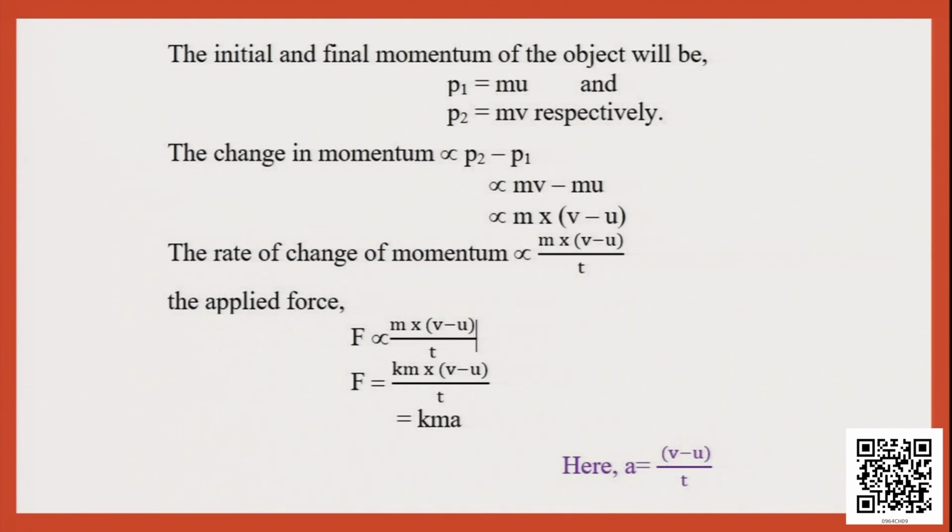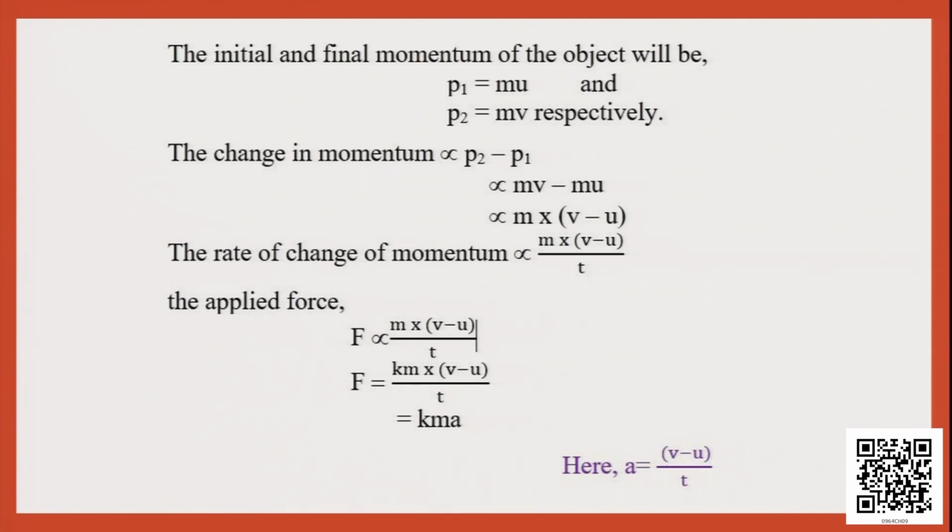So, the applied force F will be proportional to m into (v minus u) divided by t. If we want to remove the proportionality, we introduce a constant k, so that F is equal to k into m multiplied by (v minus u) divided by t, which is equal to k into m into a.